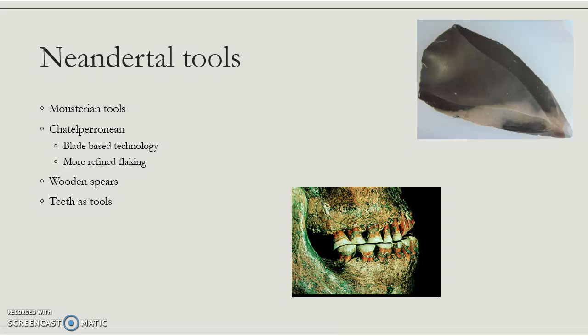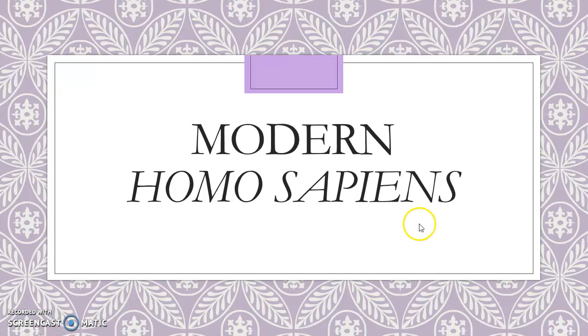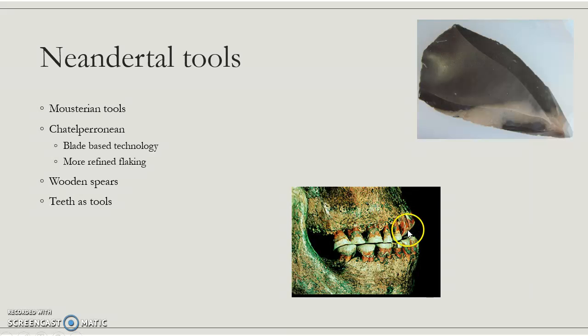But another thing that we don't really think of all that often as tools is teeth. Neanderthals are known for using their teeth as tools. In the picture you can see the wear patterns on these teeth. We know that they held hides in their teeth and scraped hides, because we see accidental scrape marks on some teeth.